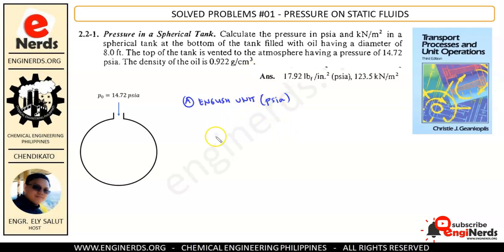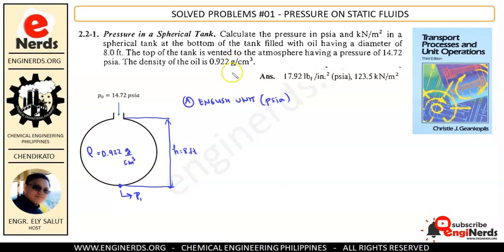Okay, so in here, given ang ating density, no? Ang density ng ating fluid is equal to 0.922 grams per cubic centimeters. Tapos, ang kailangan nating makuha is yung pressure dito sa bottom. Let's call this P1. Given ang diameter ng ating sphere, therefore, ang height natin dito is also equal to the diameter of our sphere, which is equal to 8 feet.